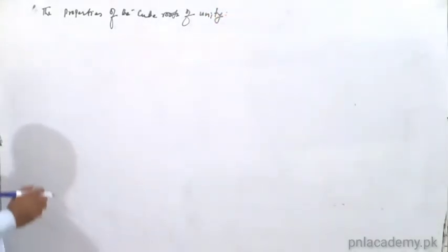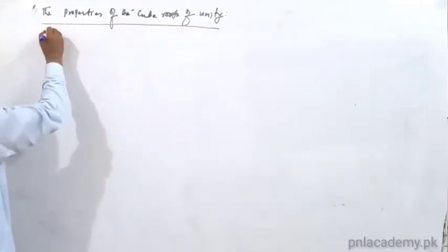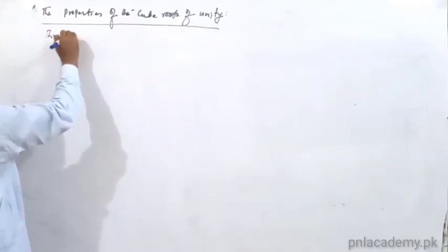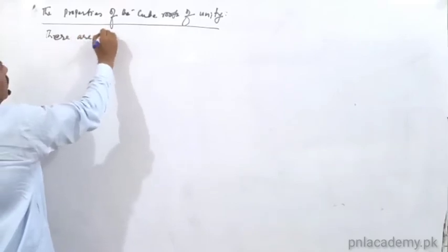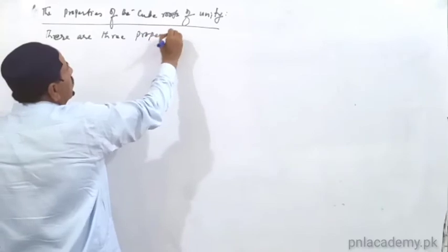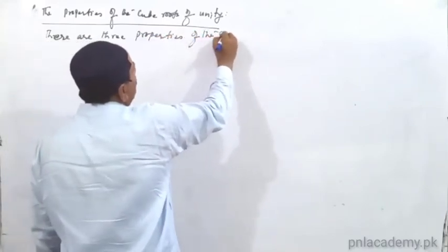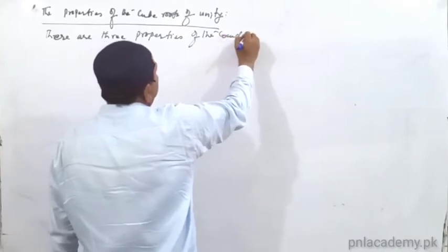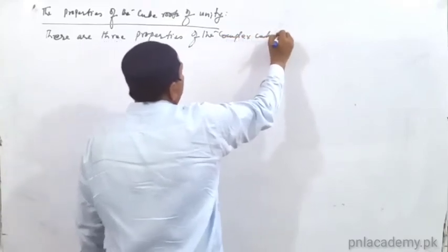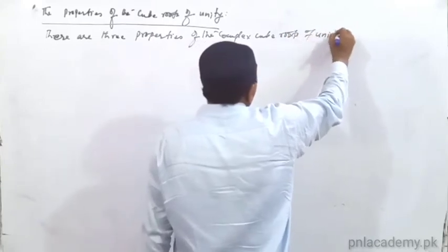There are three properties of the complex cube roots of unity.